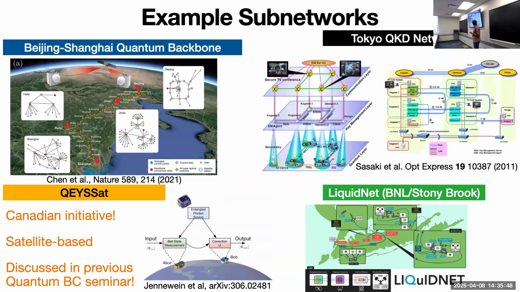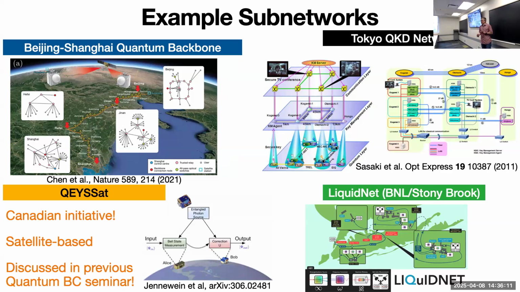One of them is the Beijing-Shanghai quantum backbone, which is a huge network in China with satellites and city-to-city links. There's also a practical one, the Tokyo QKD network, which is functioning as a kind of proof of principle right now to distribute entanglement, as well as these up-and-coming ones.